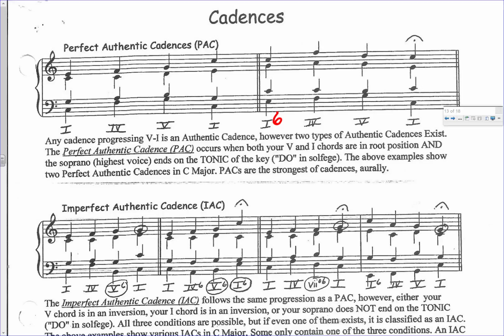In the next measure, we have a 1-6 to a 4 to a 5 to a 1. The difference is that the soprano and alto and tenor notes are a little bit different. It is still a PAC because we have a 5 to 1 root position progression, and we have soprano singing do in the 1 chord. Let's listen to this progression.